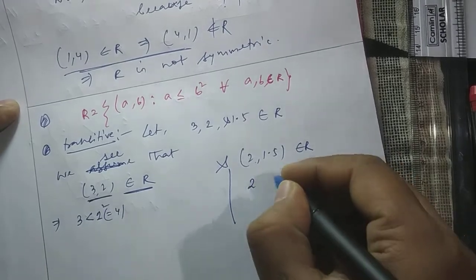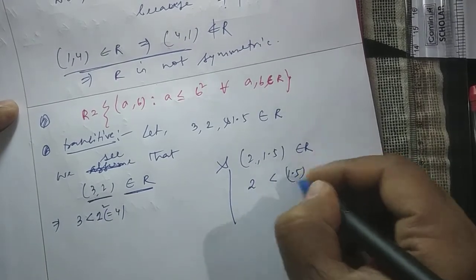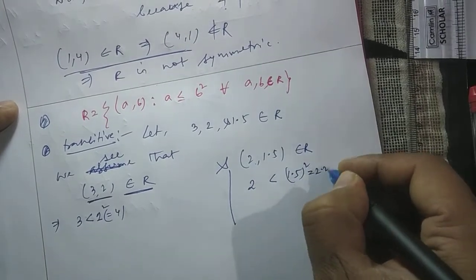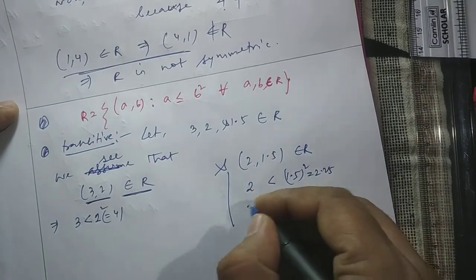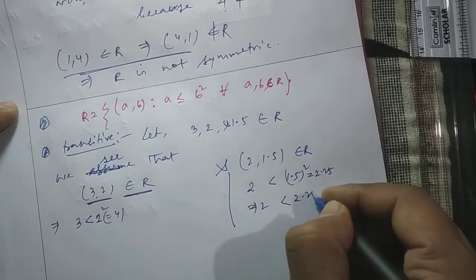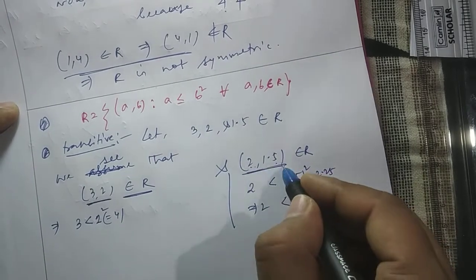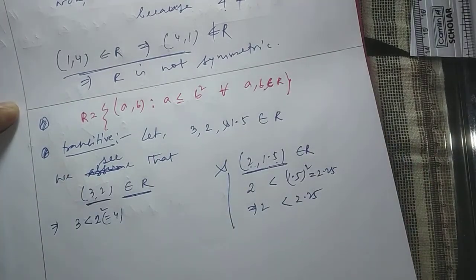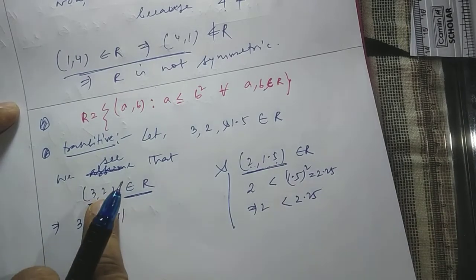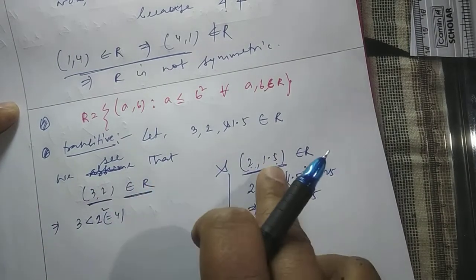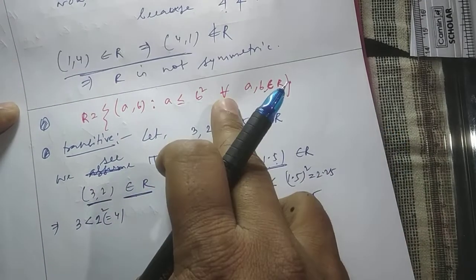Because 2 is strictly less than 1.5 whole square, which is 2.25. 2 is less than 2.25. That means this ordered pair 2, 1.5 is also satisfying the given relation. That's why we claim here 3, 2 belongs to R, also 2, 1.5 belongs to R.